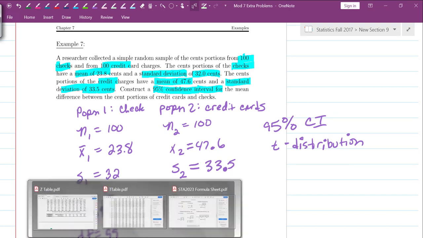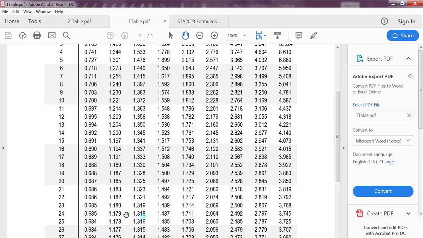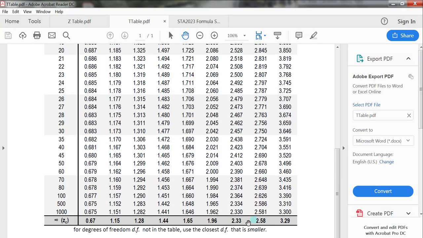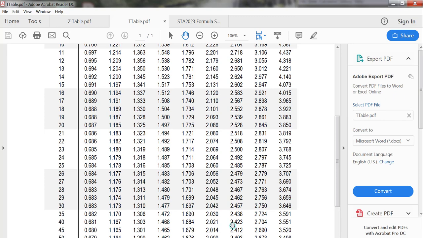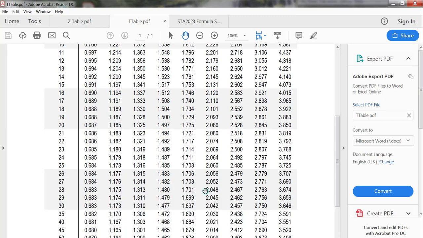And let's see here, we're at 95% and 99. I don't have 99 here, so we're going to go down to 80. Oops, hold on, I picked up the wrong table there, didn't I? T table, there we go.